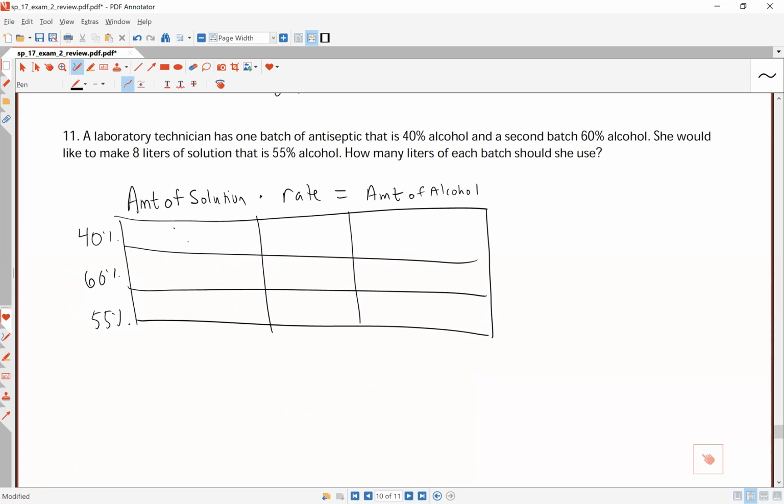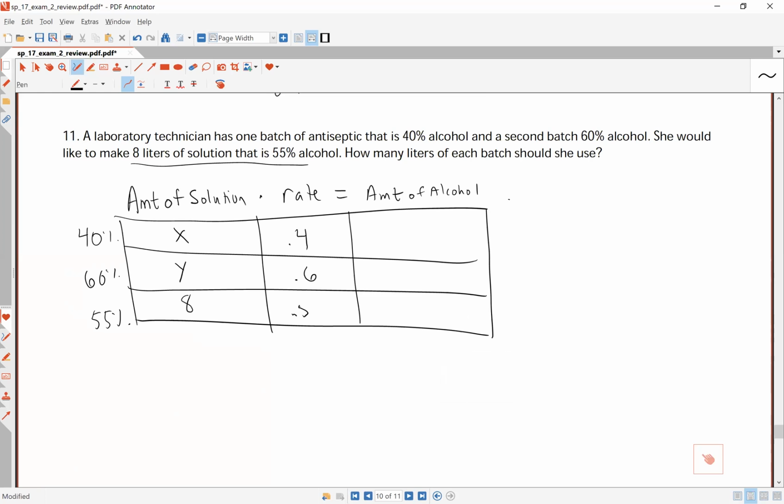We don't know how much of the 40% we're going to use, nor the 60%, but we do know we're making 8 liters of a 55%. The rates are 40% or 0.4, and 60%, which is 0.6.